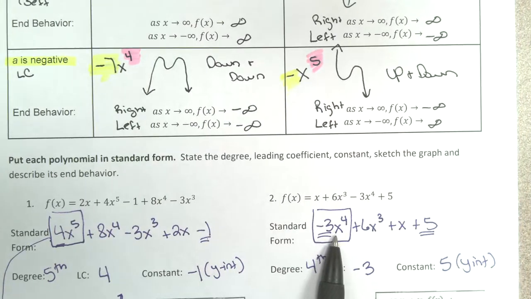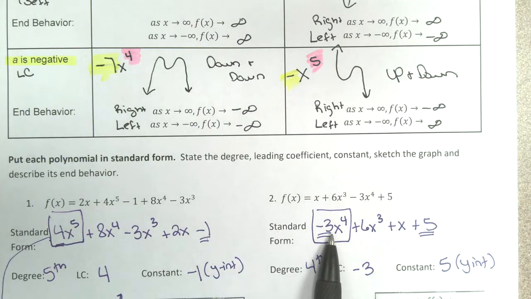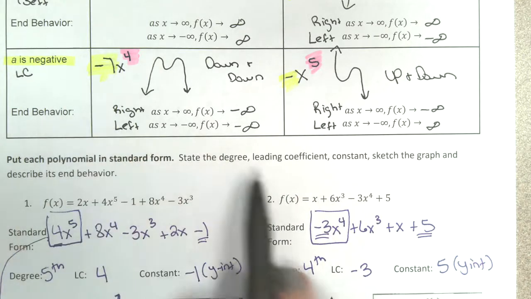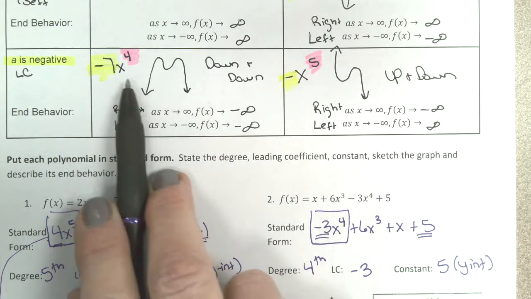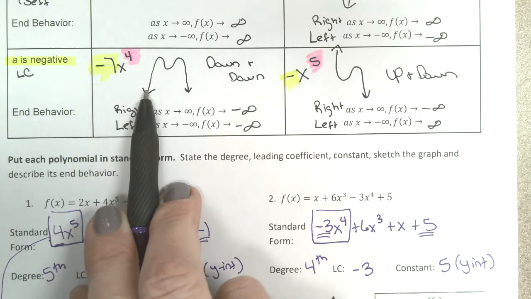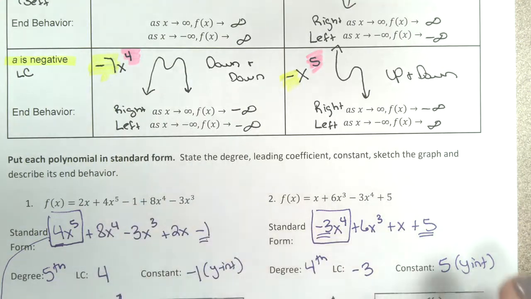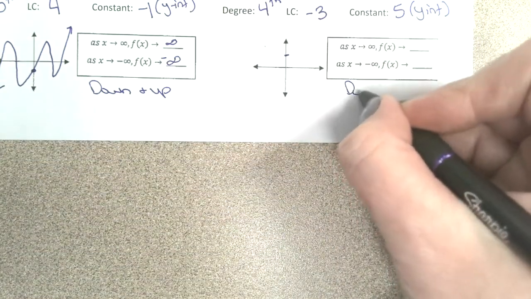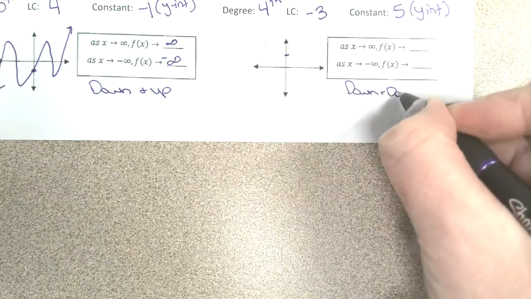All right, what should my graph look like? Your leading coefficient is a negative number, so it's this row, and your biggest exponent is an even number, so I'm expecting it to look like this. My graph is going to go down to the far left and down to the far right. So it's going to go down and down.